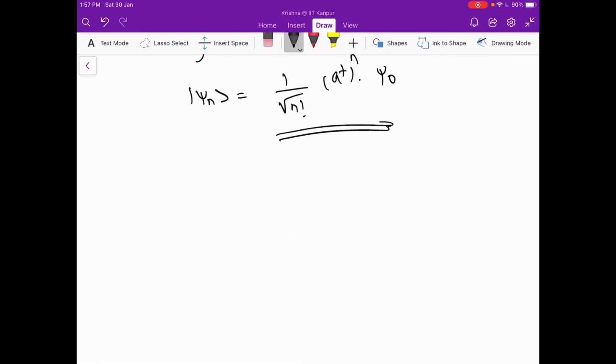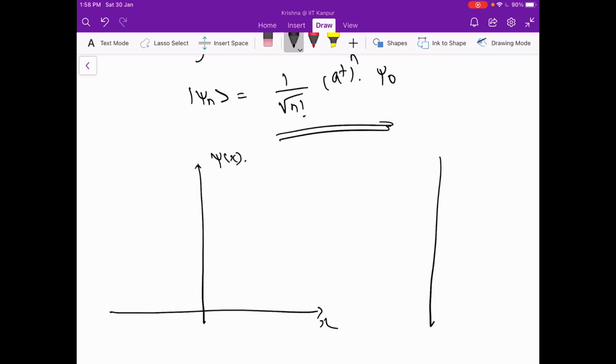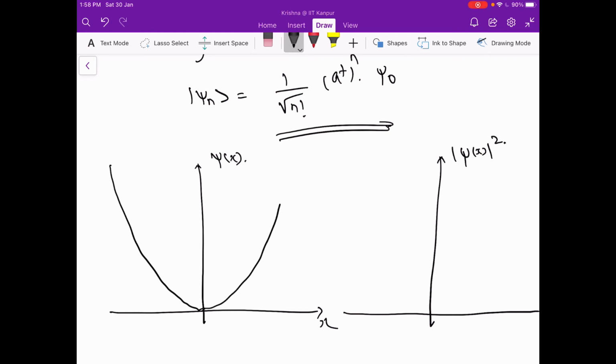So if we draw the excited states of a harmonic oscillator, it will look like this. Let's say this is x and I'm plotting psi of x. We can also plot what can be observed, that is mod psi of x square. Let's say the potential is a harmonic potential, something like this. The ground state, as we saw previously, is a Gaussian.